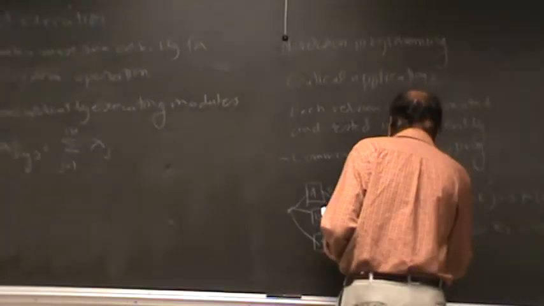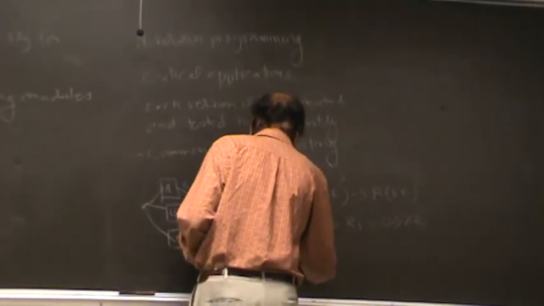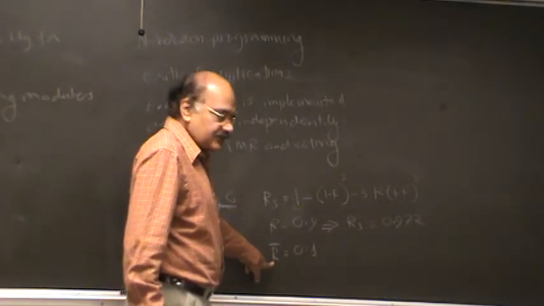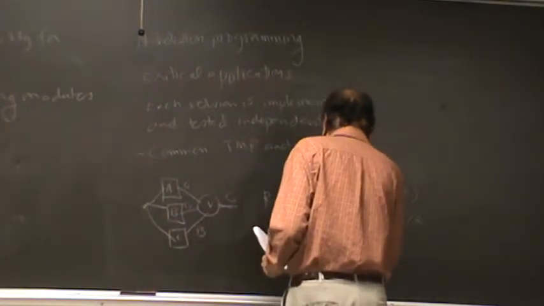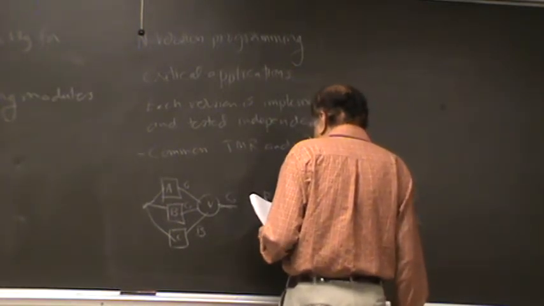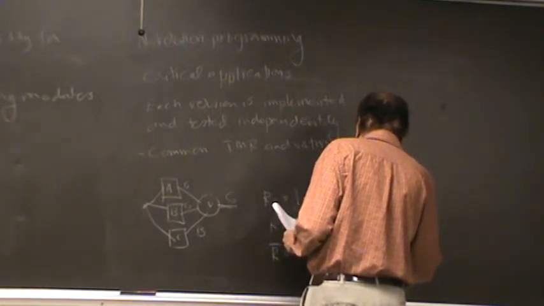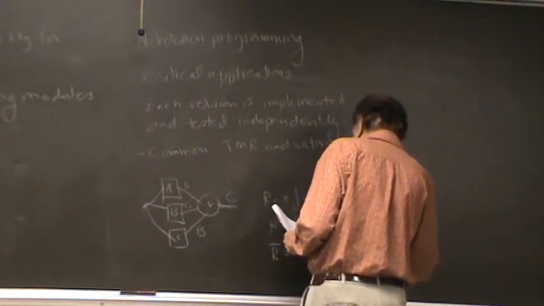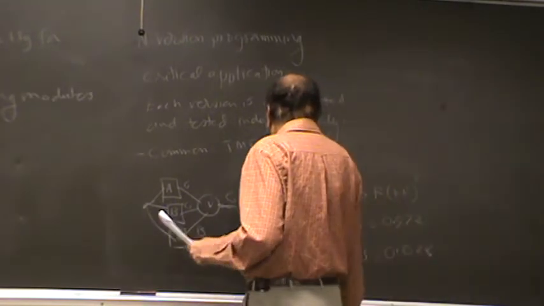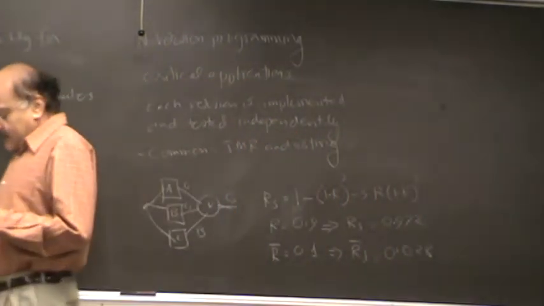So basically, if you take R naught, that is 0.1, so probability that a single module is bad is 10%, and that implies probability that your system is bad equal to 0.028. So probability that your system is not working correctly is about 3%.